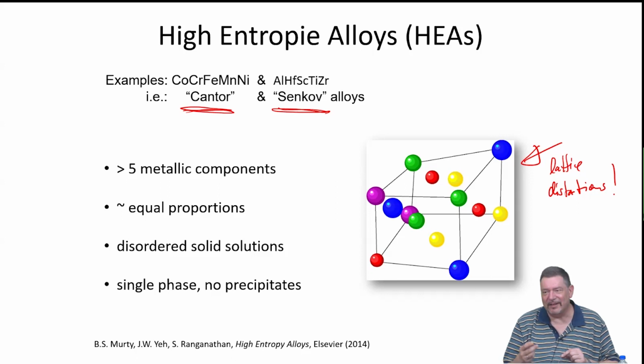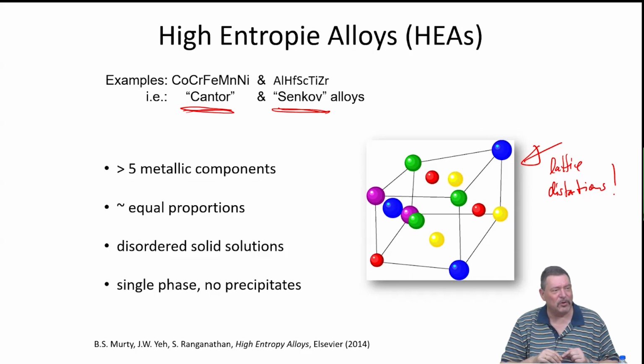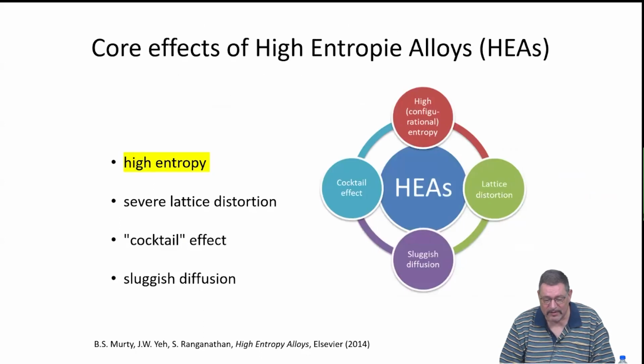Basically it is 3.5, 1.5. Lattice distortions and then this cocktail effect, because this just means something can happen which we don't expect. And this can be due to lattice distortions, maybe not. But so far there are not so many good examples of a real cocktail effect in high entropy systems. Maybe we didn't do enough research as yet. So these are the core effects.